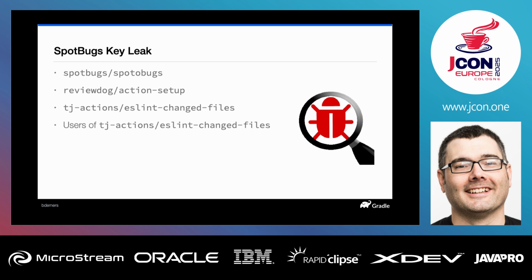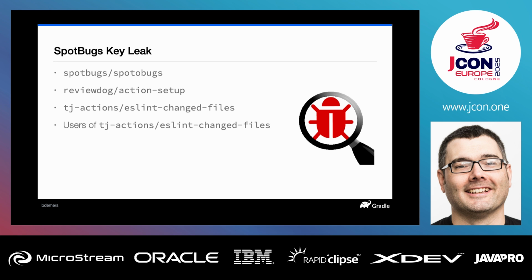So anybody using ReviewDog action setup, potentially their whole pipeline was poisoned. And that's what happened to tj-actions, the ESLint changed files action. That action was then compromised. And then, of course, anybody using either of those actions had basically fully compromised CI systems.